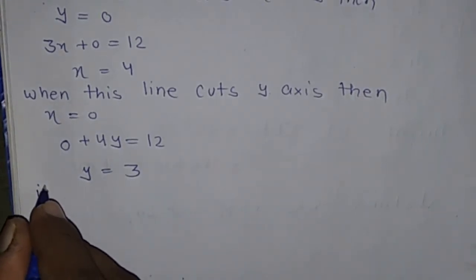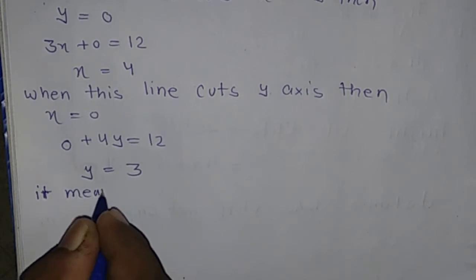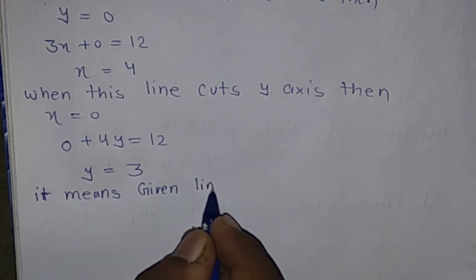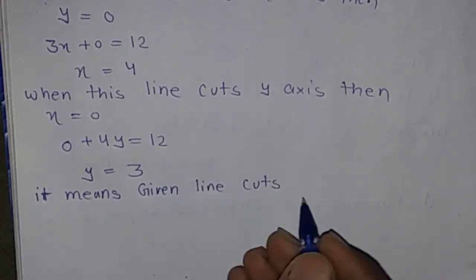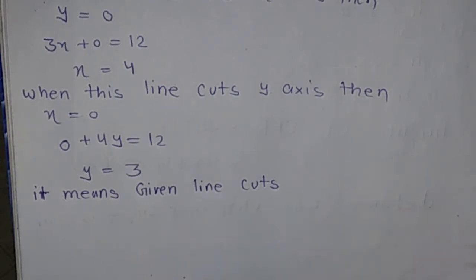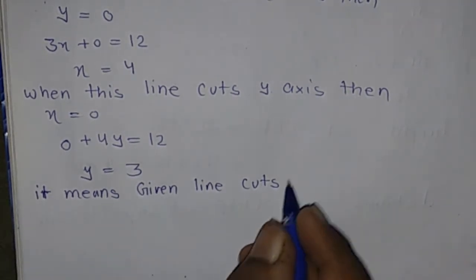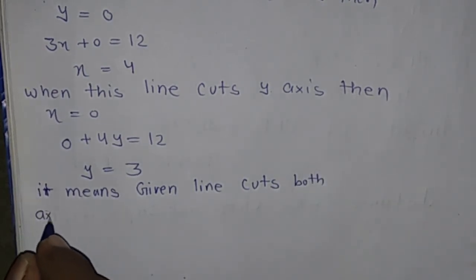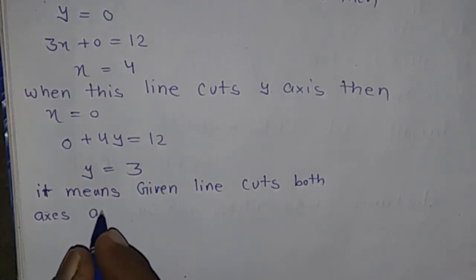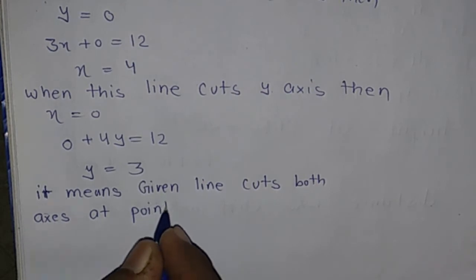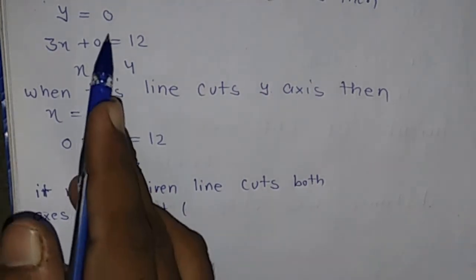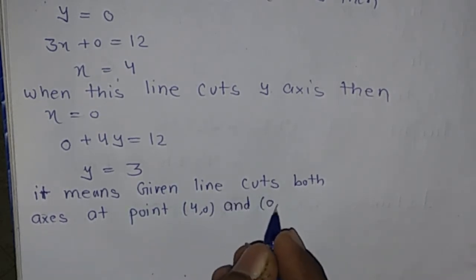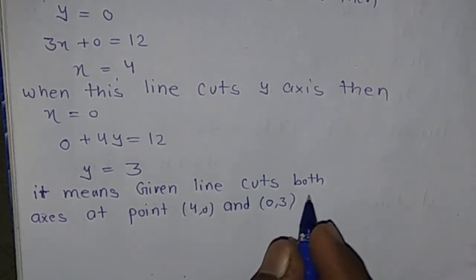It means the given line cuts both axes at the points 4, 0 on the x-axis and 0, 3 on the y-axis respectively.